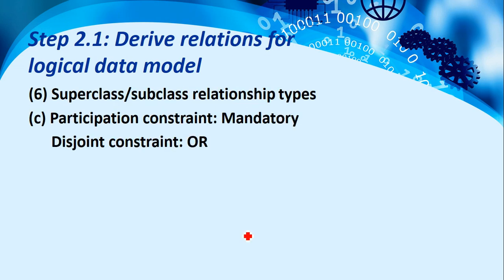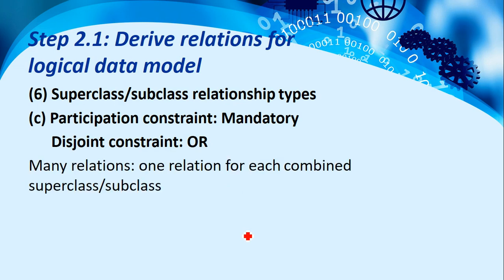Next, we have participation constraint, mandatory, disjoint constraint, or. So, many relations. Okay? Hindi siya two relations, many relations. So, bakit many relations? We'll explore into that later. Bali, yung ibig sabihin nito, one relation for each combined superclass, subclass.